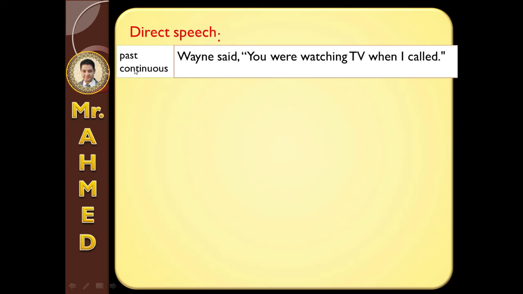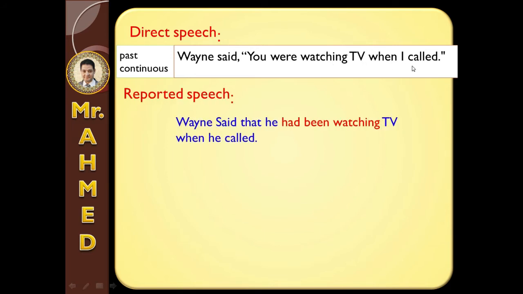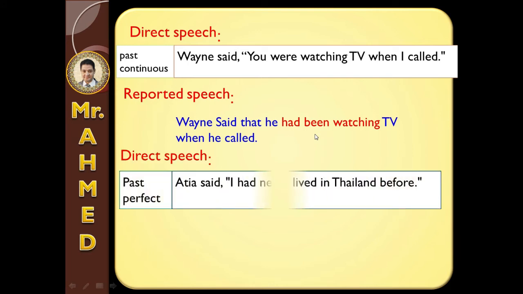This is past continuous. Wayne said, "You were watching TV when I called." We will change it into reported speech like this: Wayne said that he had been watching TV when he called. So we change the past continuous, were watching, into had been watching, the past perfect continuous. This is past perfect.